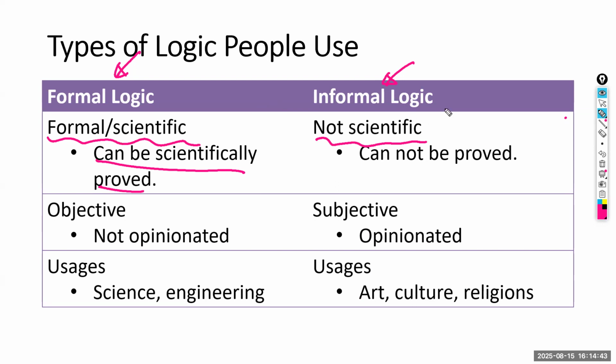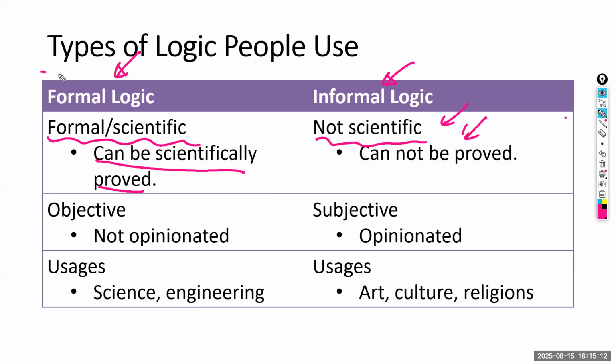Someone might say you did not pass your exam because maybe you are unlucky. Your horoscope is not good these days. Those are also reasoning, right? If it is reasoning, it is logic. But that is not formal logic. That is not what we are going to learn here.